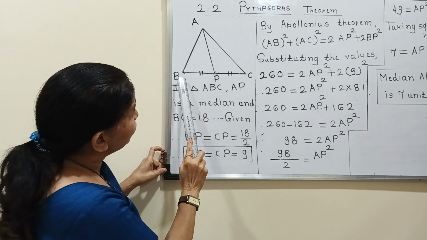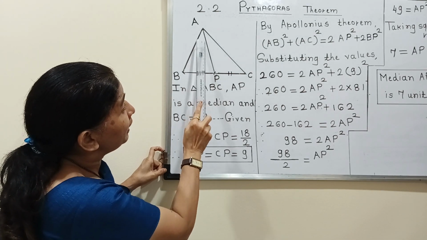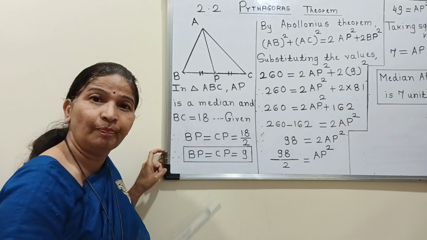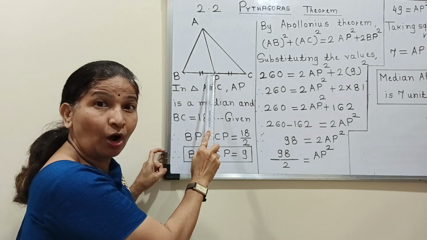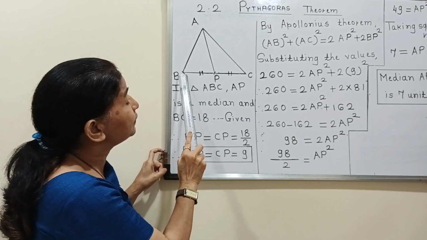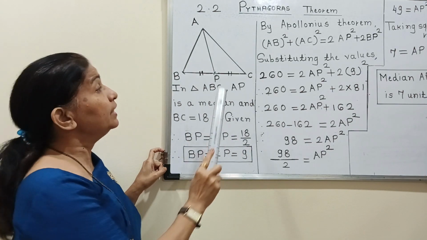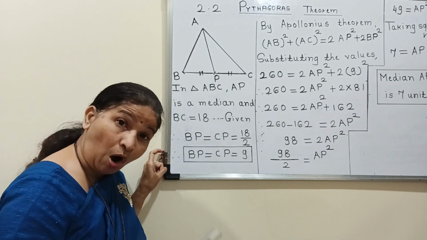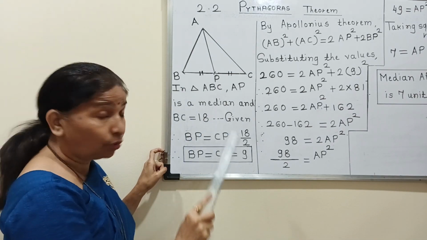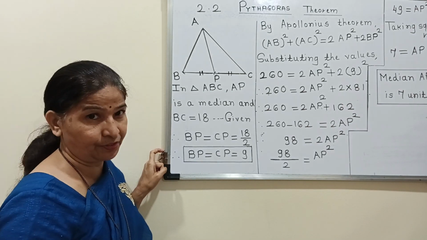So at first, try to understand that if AP is a median, then P is the midpoint of this side BC. As we learned in 9th standard, a midpoint always makes two equal or congruent parts.